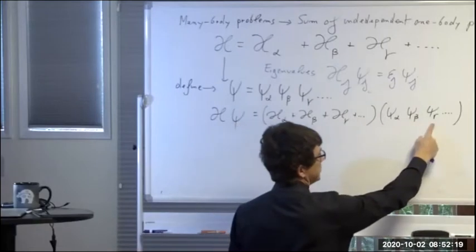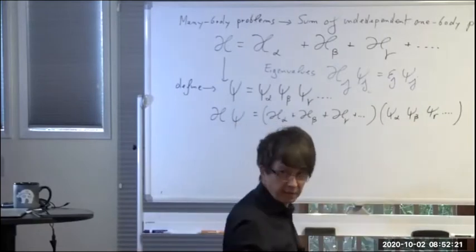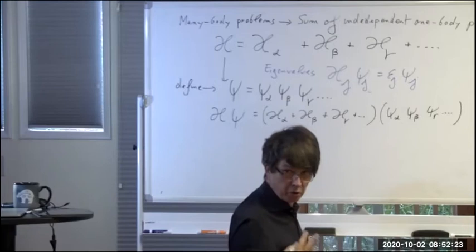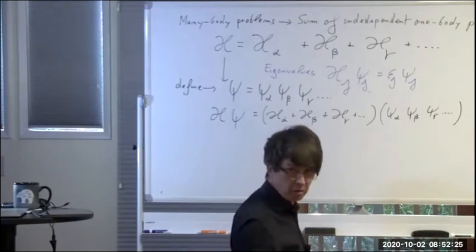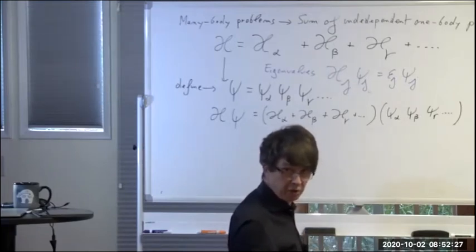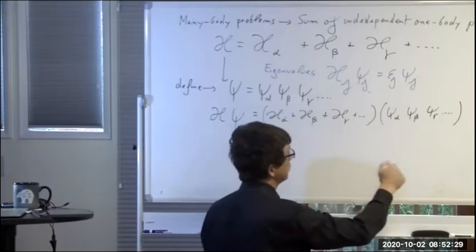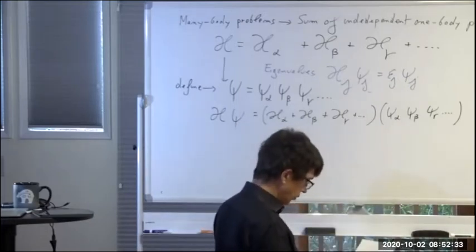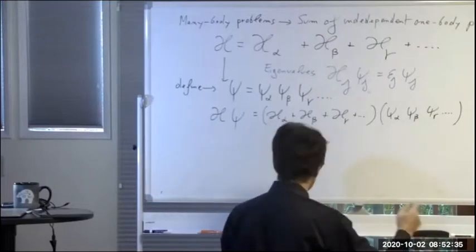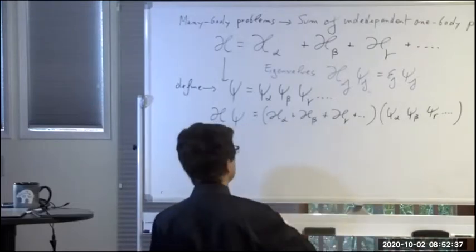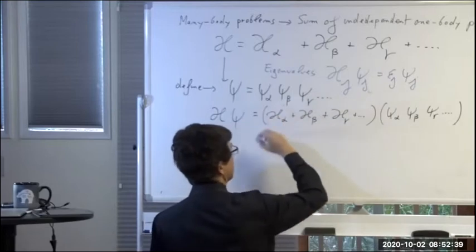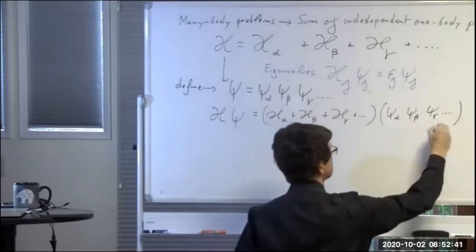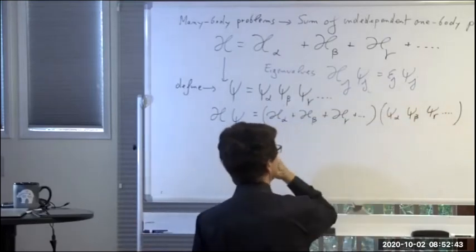Psi beta, psi gamma are dependent on coordinates that do not belong to alpha. So they behave like a constant for H alpha. And a constant just moves through the operator.